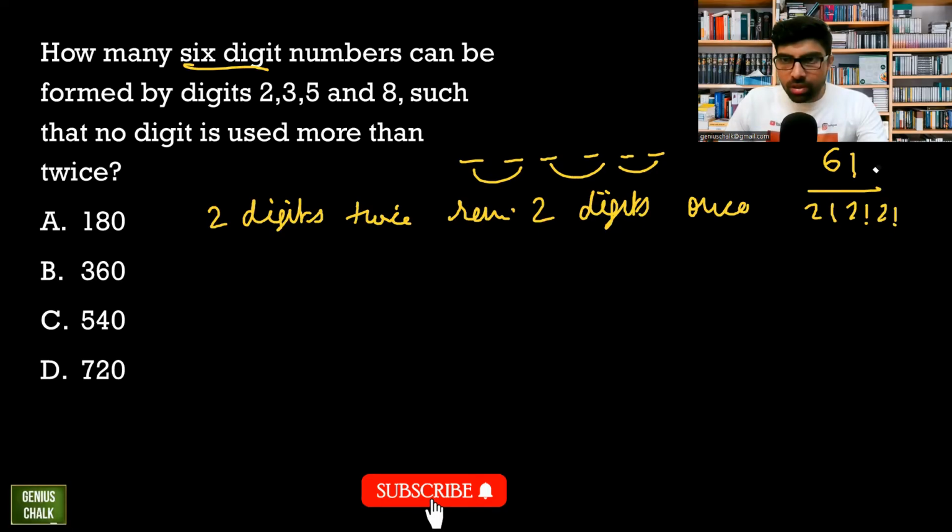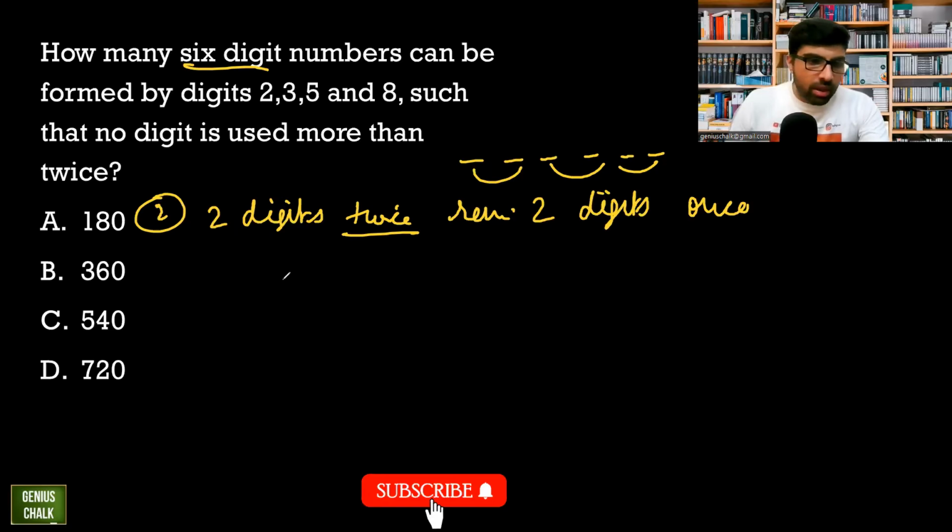But now in this case, I'm not taking three digits. I am taking case number 2, where two digits are used twice. Total 6 places, but two digits I'm using twice. Let's say I'm using 2 and 3 twice, and then 5 and 8 as they are. This is one case, right? So how many permutations will be there? First, there is no need to select.